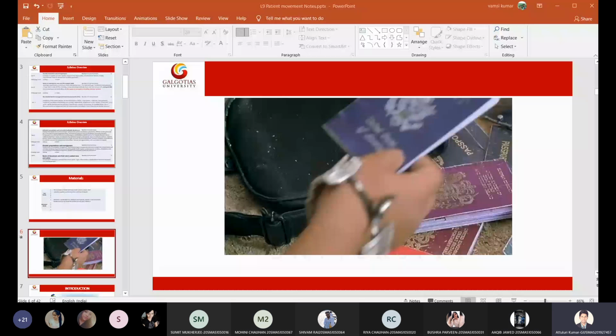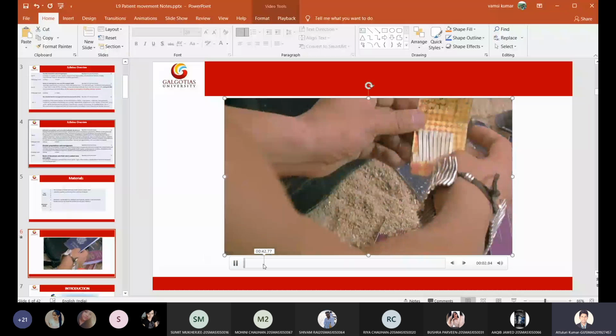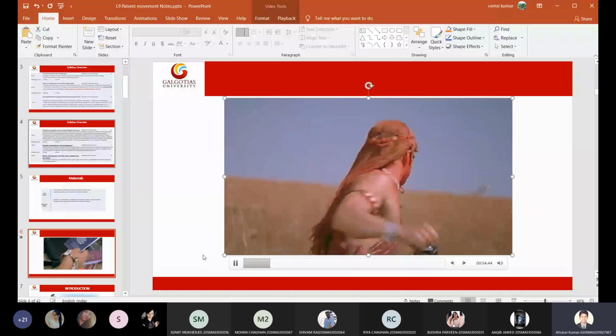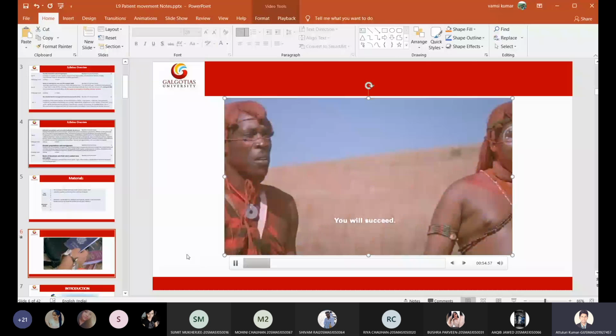So there is a movie of Jackie Chan, and this movie is called Who Am I? I used to see this movie in my childhood, and I particularly like this scene. So just see this clipping here. He became a tribesman and he will come back to society here.